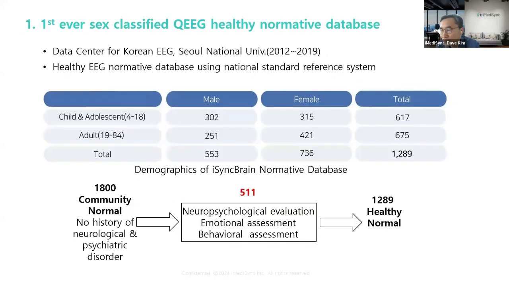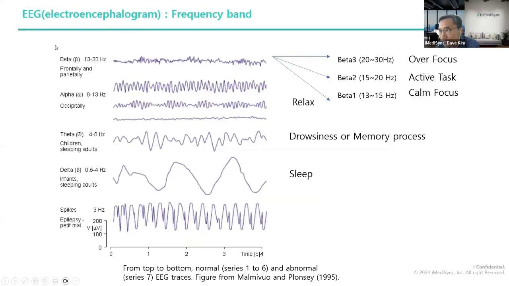Before going to the second core technology, we need to understand EEG a little bit, because there are many different backgrounds among the participants. I'd like to briefly introduce EEG rhythm. I will explain in more detail in the second part.